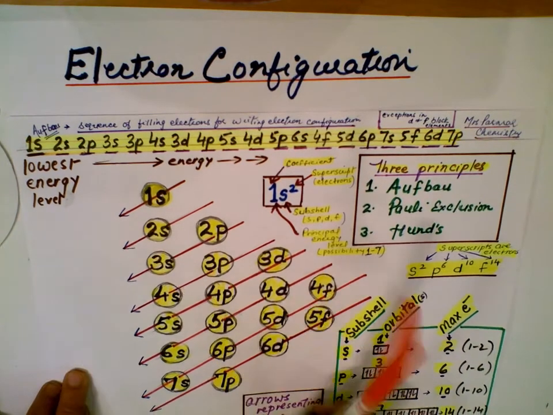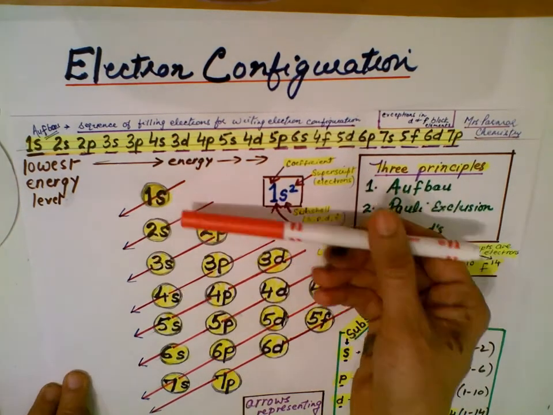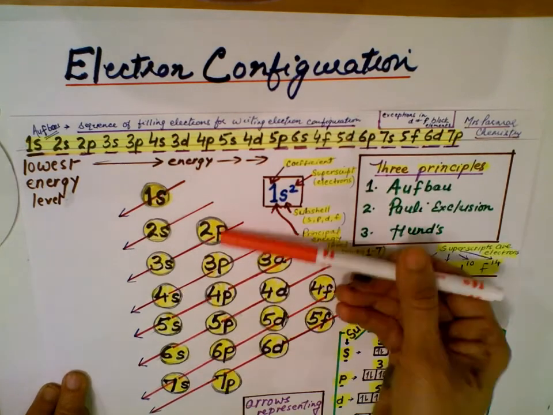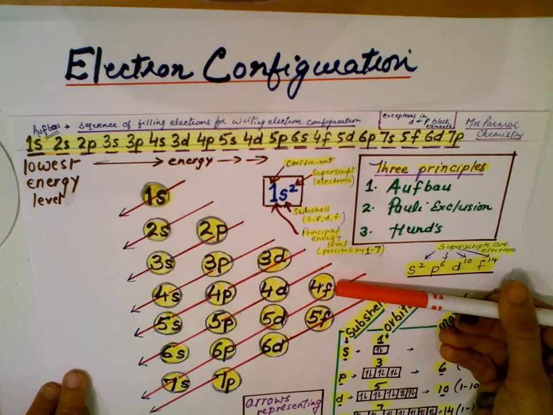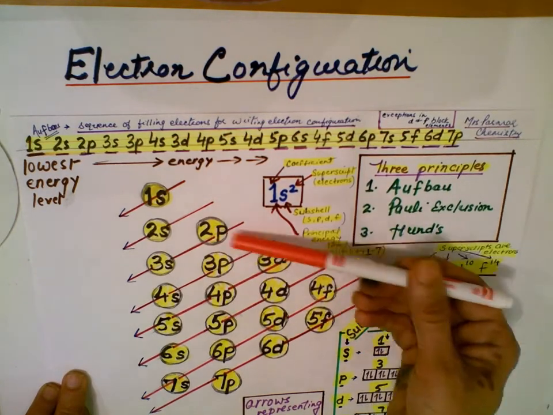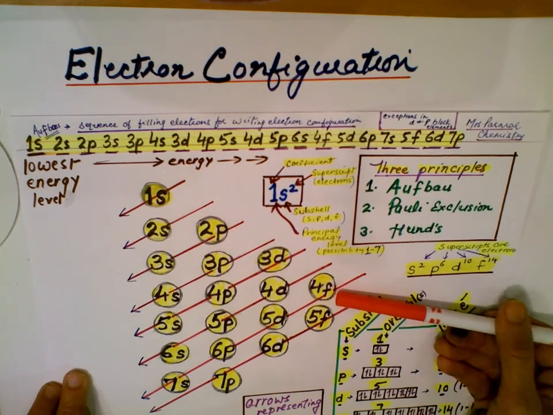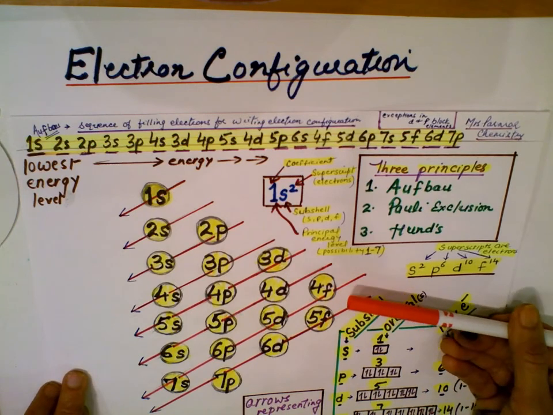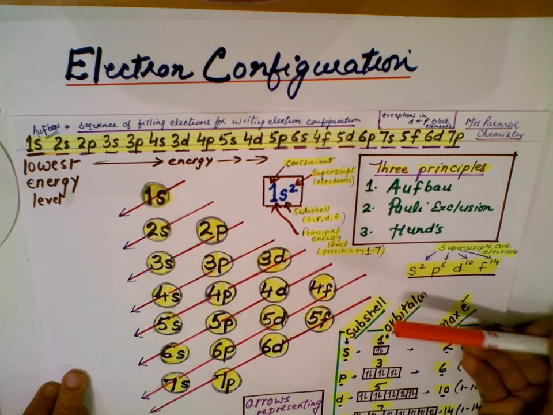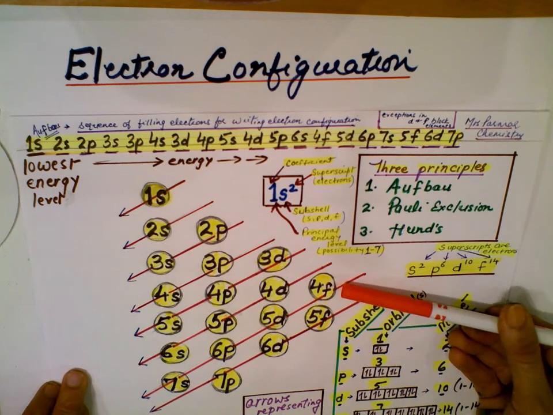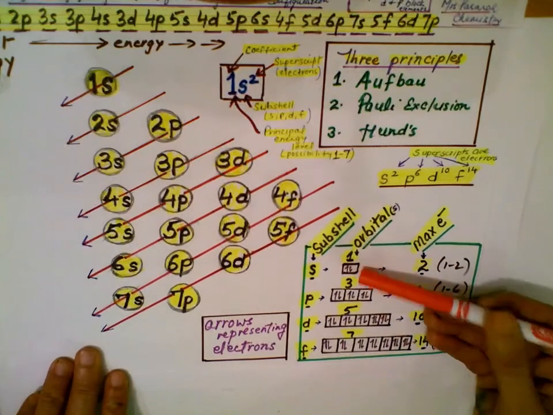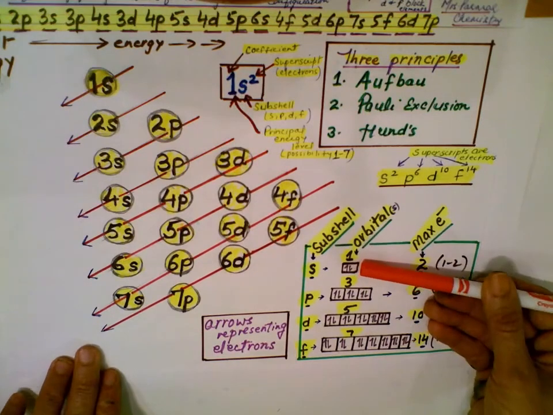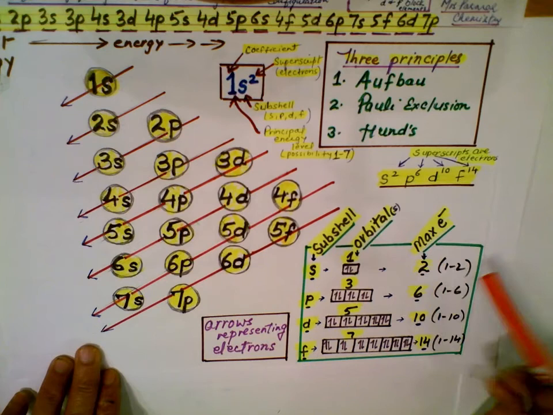Each subshell, you see, there are 4 subshells. This is s subshell, this one is p subshell, this one is d subshell, and you see here letter f. They all have to do with the shape of orbitals. That's how they are named. Each of these subshells is made up of a set of orbitals. For s subshell there is one orbital, and one orbital can have maximum 2 electrons.